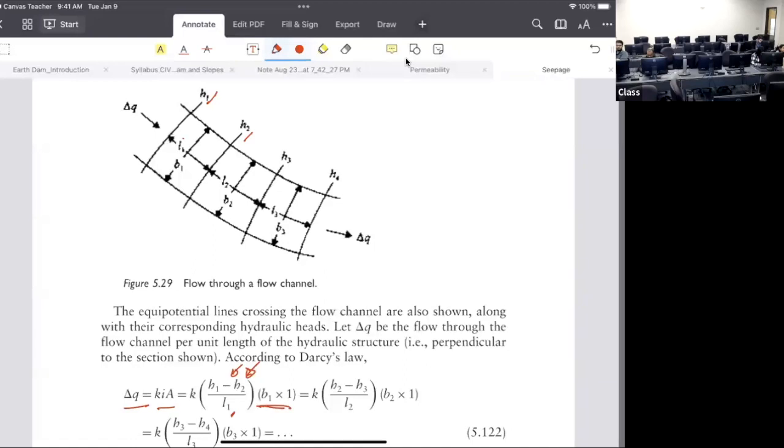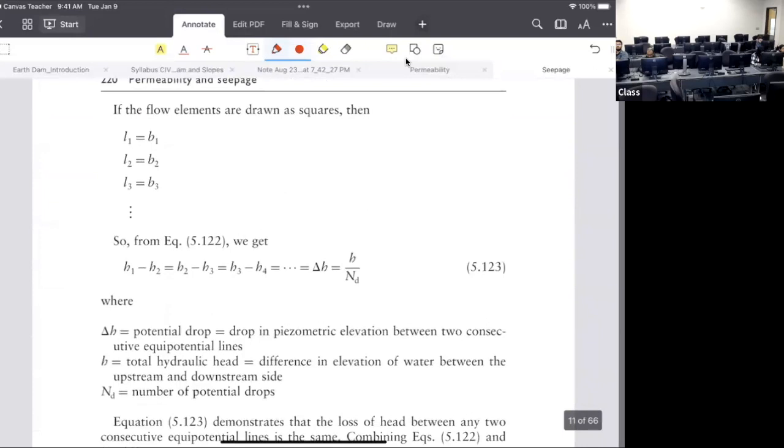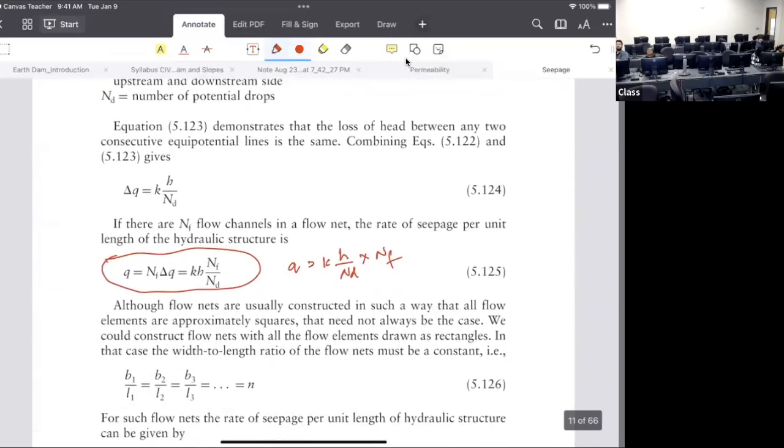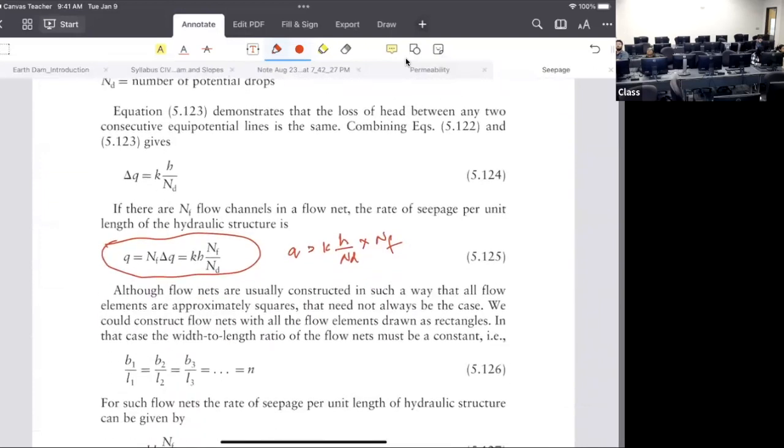So what is the A? You know the B, and the other dimension perpendicular to this side is 1. Correct? So you get the area. So this is A. All right? But this becomes equal, so you can get to the ND and you finally get H over ND.